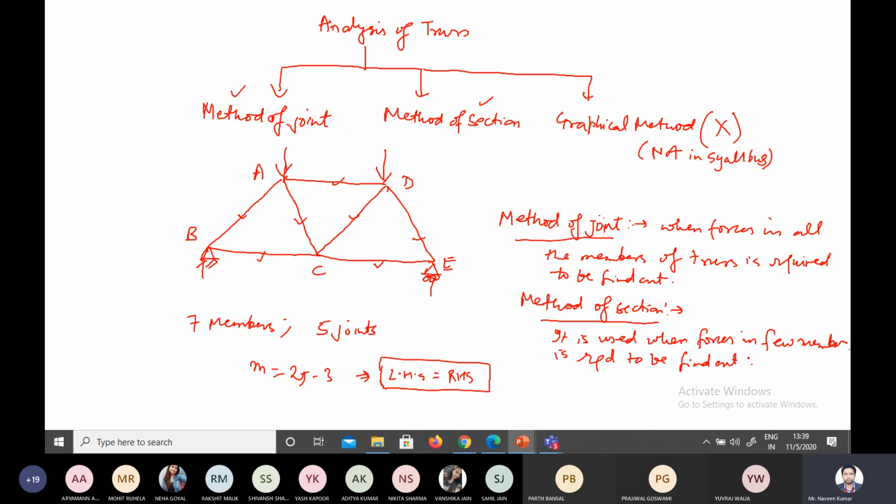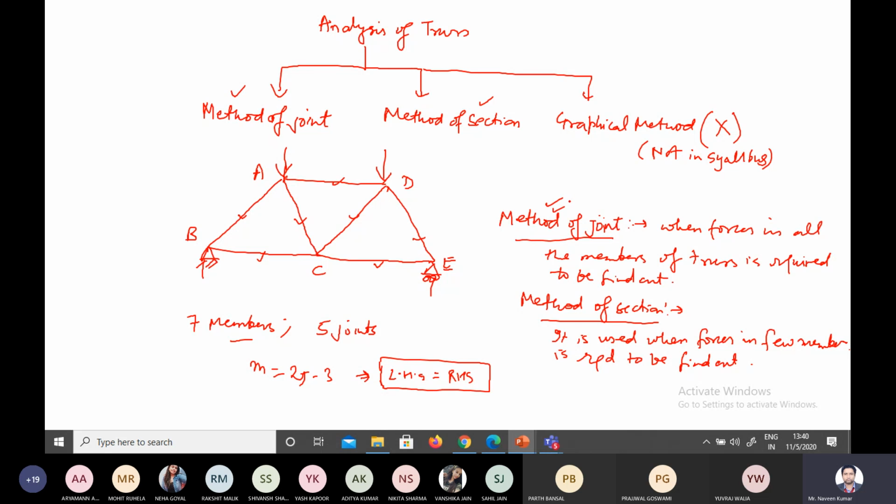Okay, so when we say that forces in all the members are to be found out, you can see this example here. In this example, 7 members are there. If I say to you to calculate the forces in all the members of the truss, then directly this means that you have to use the method of joint.